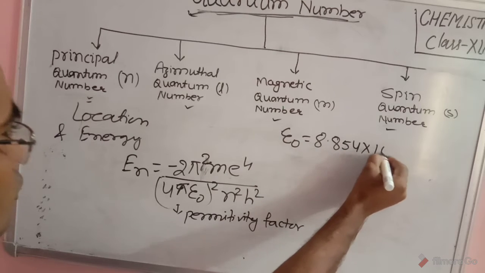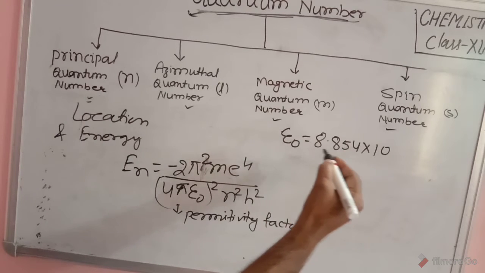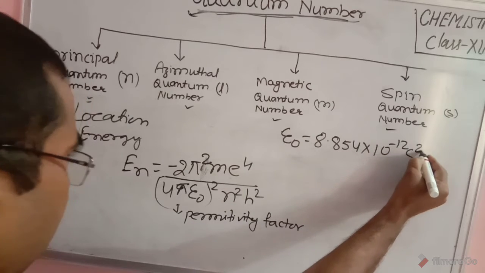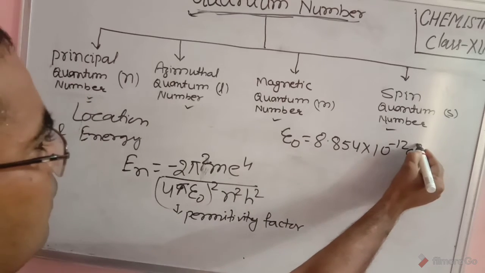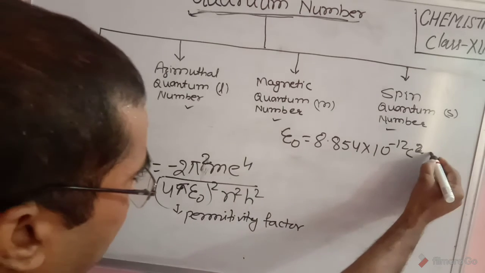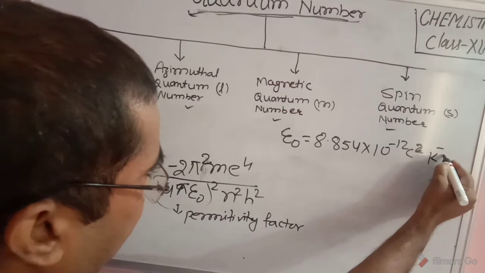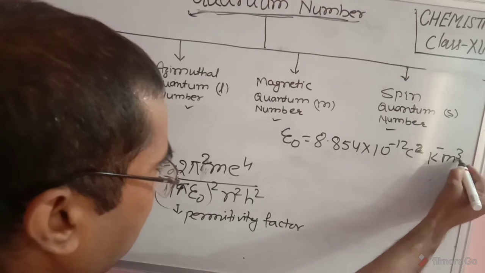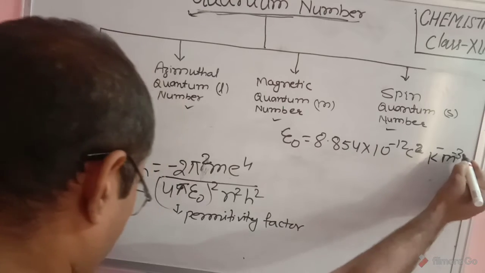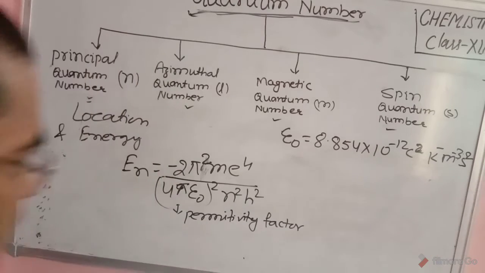8.854 into 10 to the power minus 12 Coulomb square per kg per meter cube per second square.